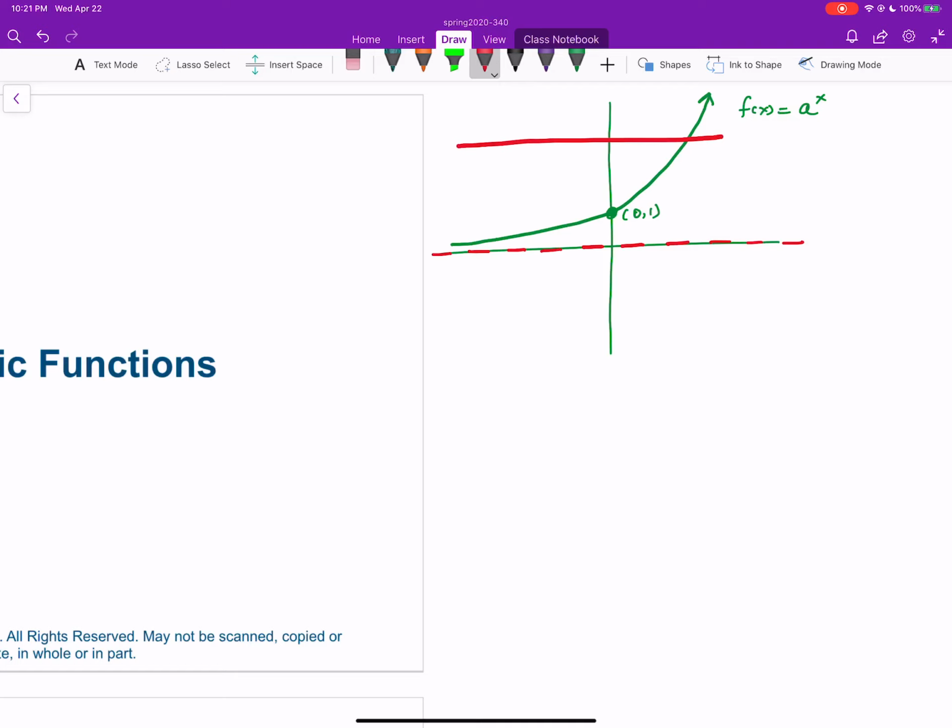Well, to find the inverse, there's so many ways we could do this. One way was we could get some point on this curve and then interchange the x and the y and plot those. Or we can remember that if a function is 1 to 1 and has an inverse, then that inverse function is the function where a to the x is reflected about the line y equal to x. So let's assume we have this line y equal to x right here.